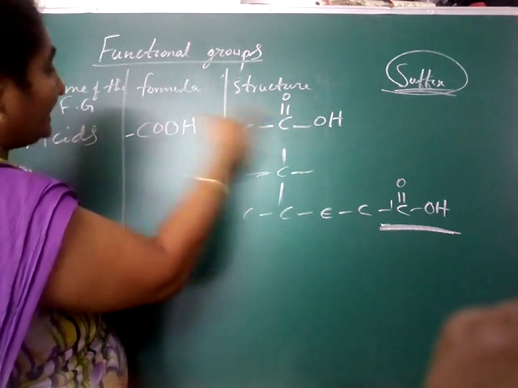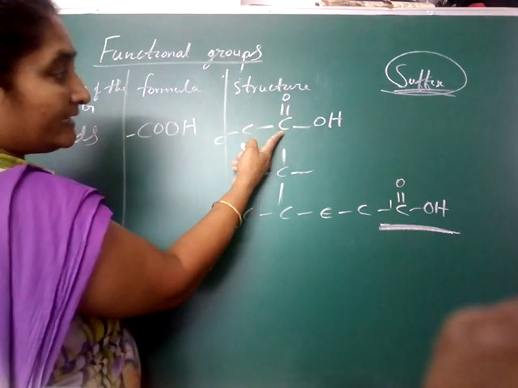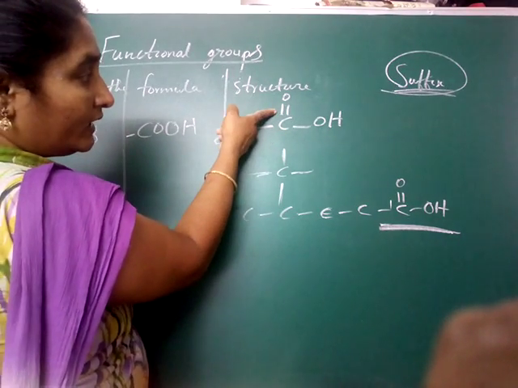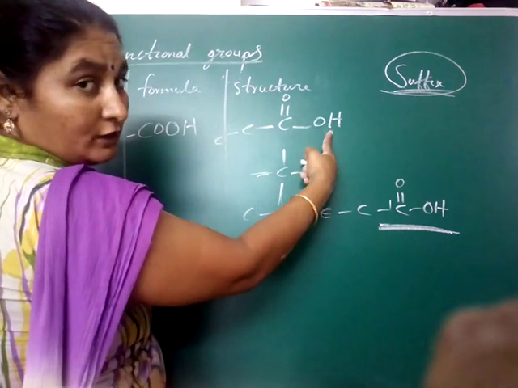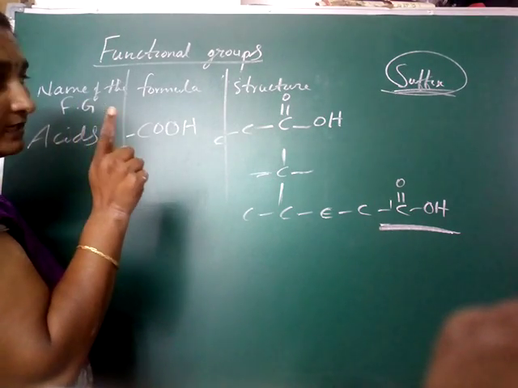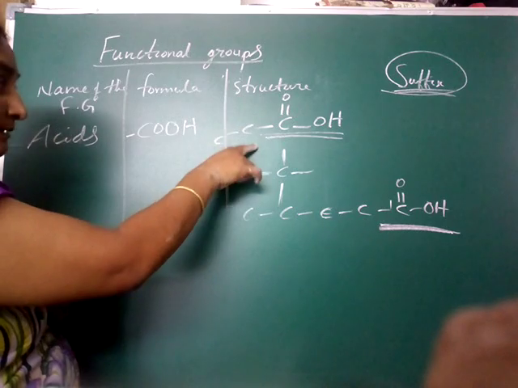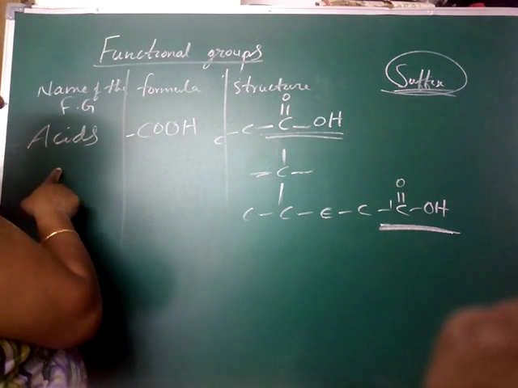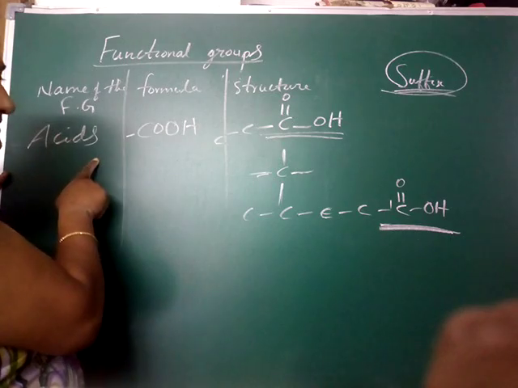Already 3 are completed in acids. In the COOH structure, one double bond to O is on one side, another single bond is with OH, and the other is the alkyl group. Don't get confused here. This structure is acids, sorry, not alcohol, acids.